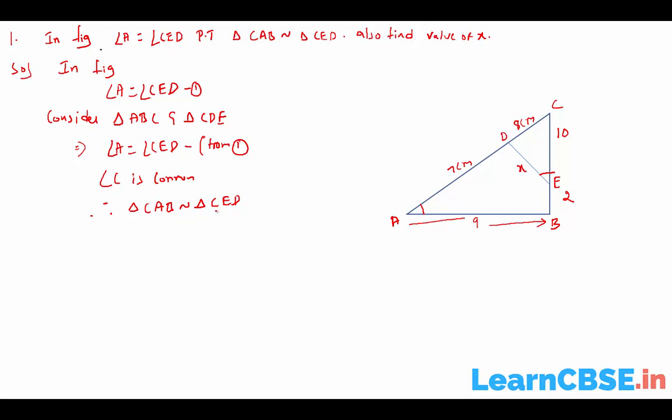Now, since these two triangles are similar, CA, which is opposite to angle B, and similarly this is opposite to this, CE. So CA by CE equals to DE.